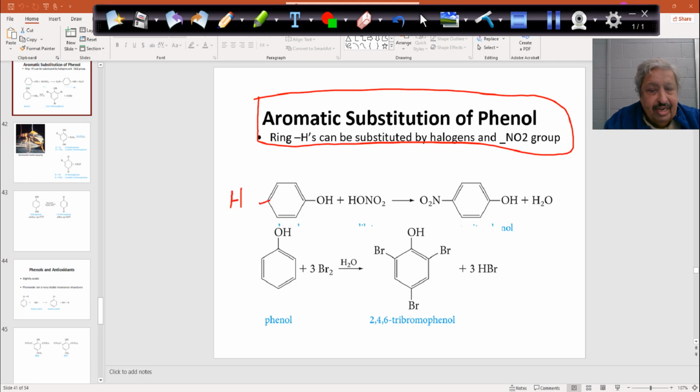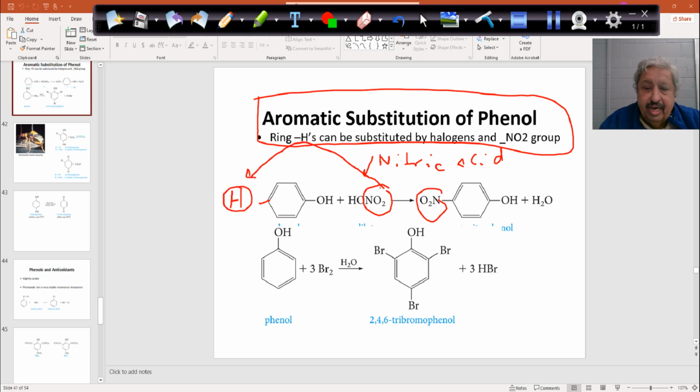The nitro group will come from nitric acid. That's nitric acid. Now the nitro group will come and replace the H plus here, and the H with this OH will make H2O.